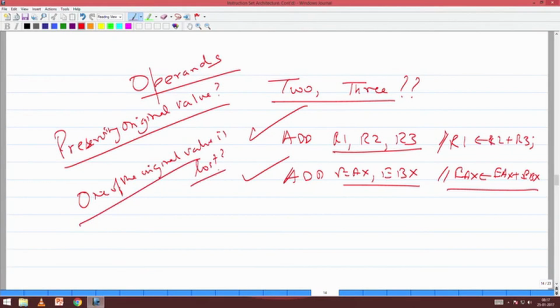But normally registers are used as scratch pads. They only store temporary results.